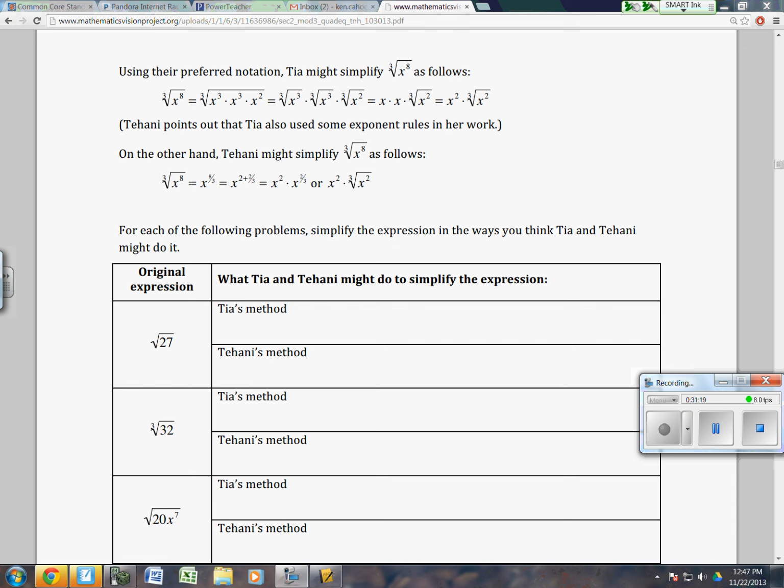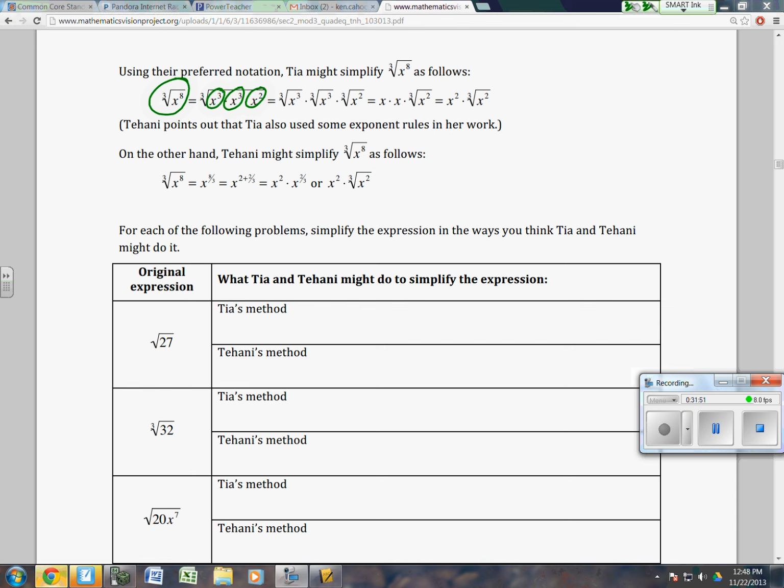Let me kind of explain what they're doing here, okay? Because some of you probably aren't following this all the way. This one had the cube root of x to the 8th power. Since it's a cube root that we're looking for, they want to separate everything into cubes that they can. Well, 3 plus 3 plus 2 would make 8, right? So they can have an x cubed here, an x cubed here, but that leaves you with an x squared, using the rules of exponents.